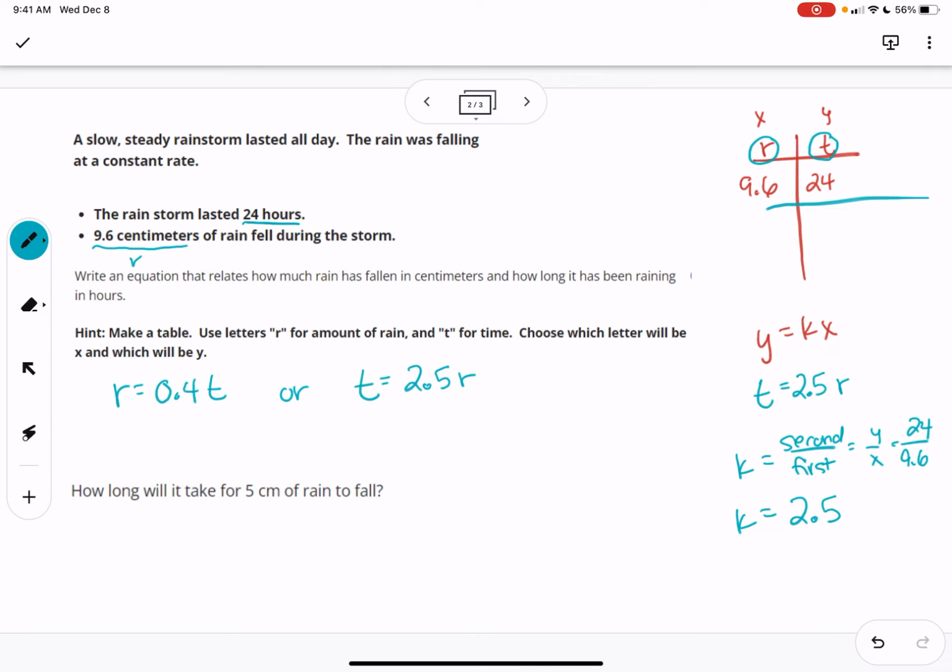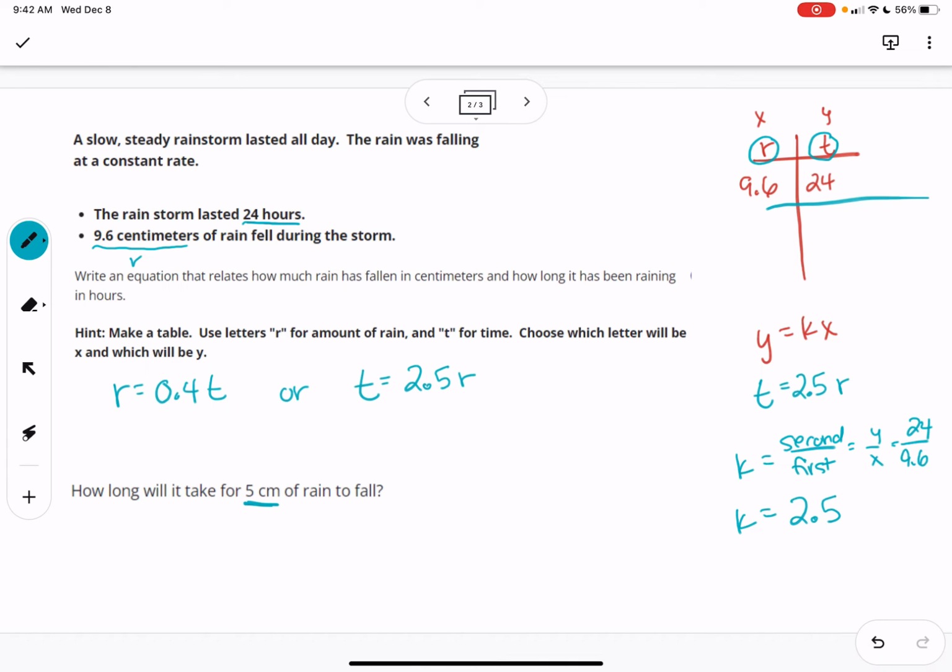All right. And now for the second part, it says how long will it take for 5 centimeters of rain to fall? So we're trying to figure out how long 5 centimeters is going to take. So we know that we've got the equation now, right? 5 centimeters is the amount of rain, the R, right?